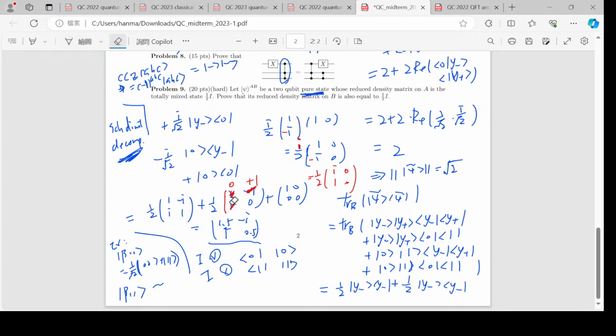okay, maybe let me just erase this thing, to make it less confusing. So this whole thing here is 1 over 2, 0, 1, 1, 0, I believe.